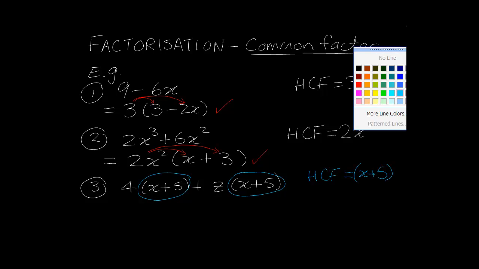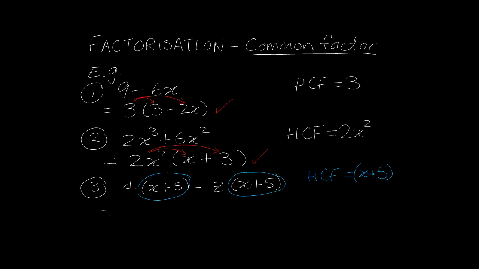So what I'm going to do is to take out that factor of x plus 5. In this first term then, what am I left with? X plus 5 needs to be multiplied by 4 to get me that first term.